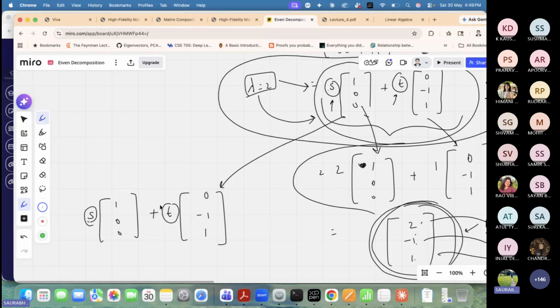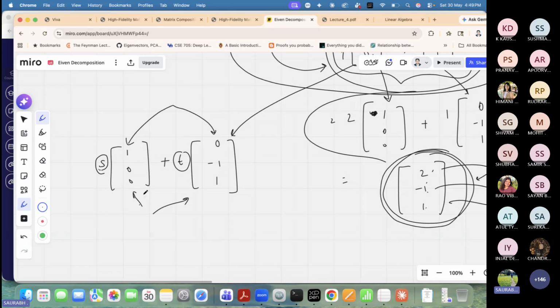These constitute the basis vectors, because any eigenvector is a combination of these two vectors. Hence, the basis would be these two vectors only, 1 0 0 and 0 minus 1 1.